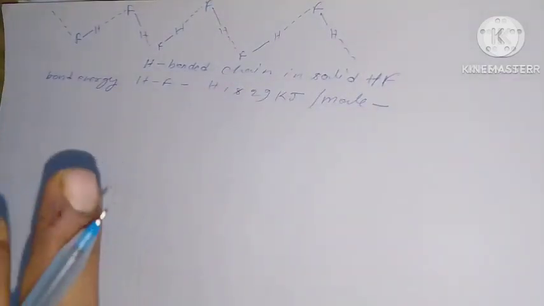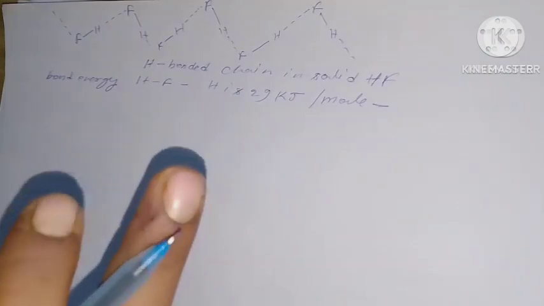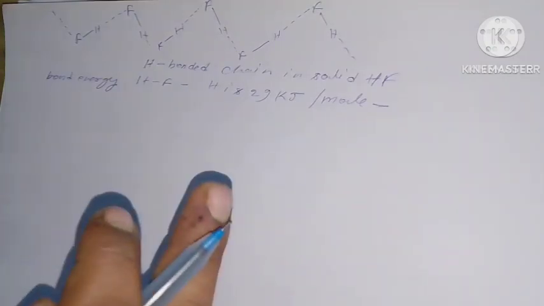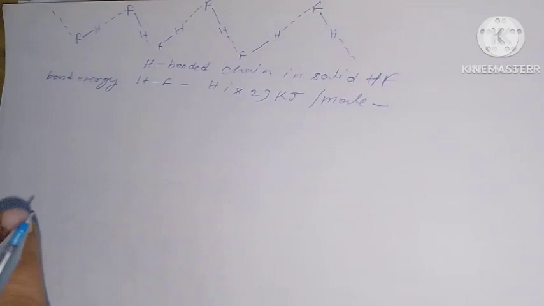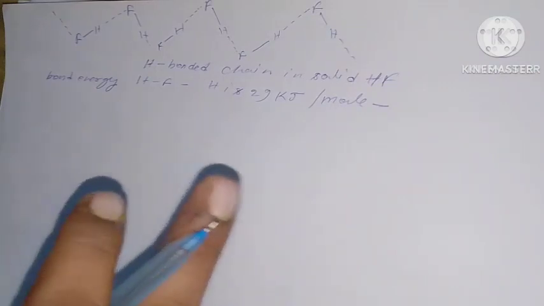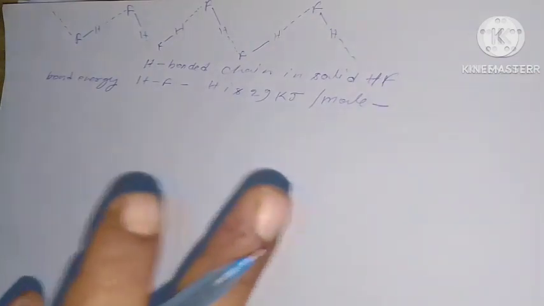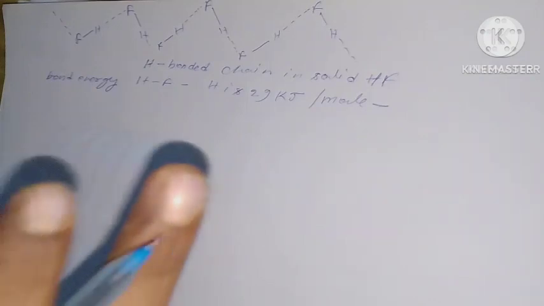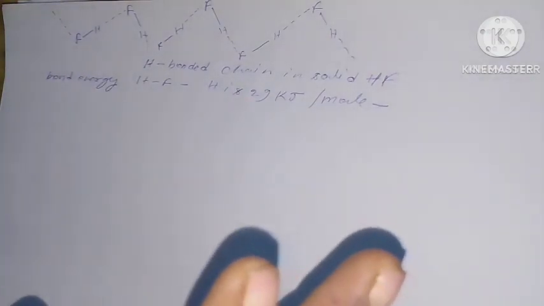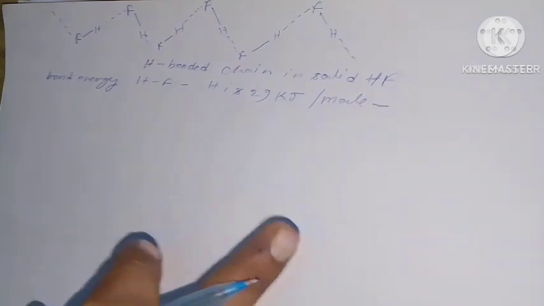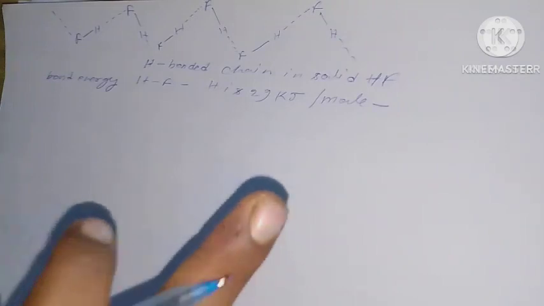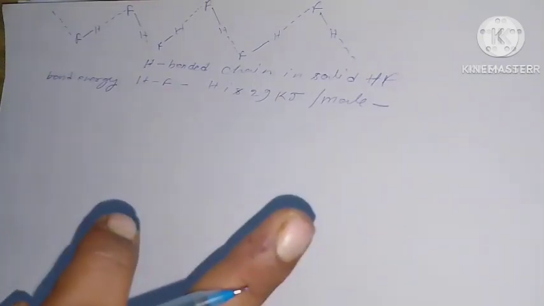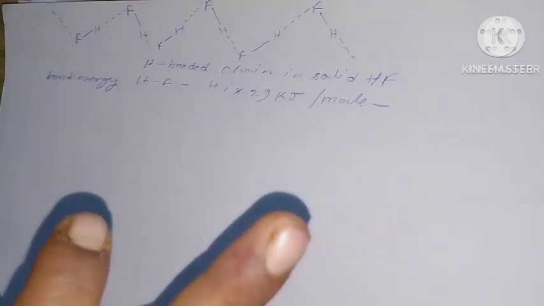Due to hydrogen bonding, hydrogen fluoride behaves as a polymer. Its molecular weight is high and so its boiling point is high. The strength of hydrogen bond in hydrogen fluoride is strongest relative to that in water and ammonia. Due to the large size of chlorine, there is no hydrogen bonding in hydrogen chloride, okay?